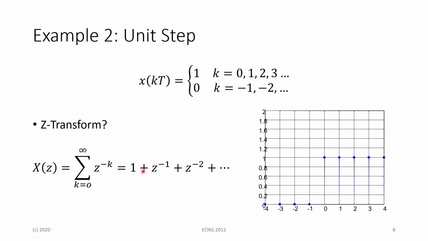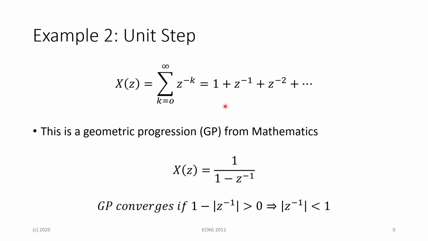So we'll go 1 plus z to the negative 1 plus z to the negative 2 plus z to the negative 3 and so forth as we keep on going. And we can see here that this summation series that we just expanded is very similar to what we refer to as a geometric progression from mathematics. There are some equations associated with this geometric progression that give us the sum towards infinity for any power series expansion.